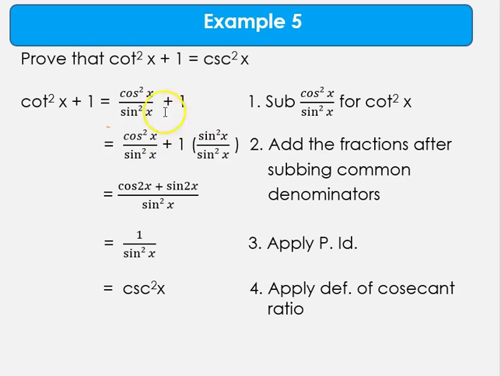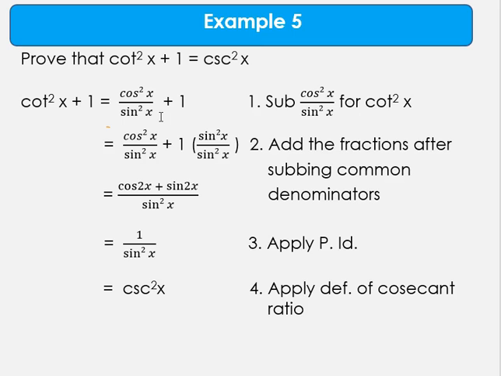So example 5 is another proof. Prove that cotan squared x plus 1 equals cosecant squared x. And they go ahead and place both terms. Basically, the whole goal behind this is to sub something easier for the cotan squared.